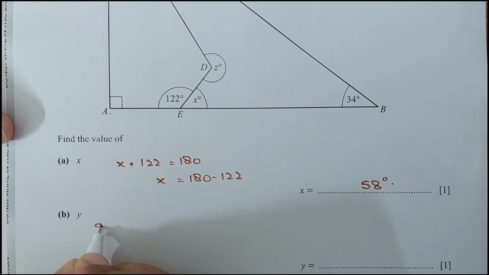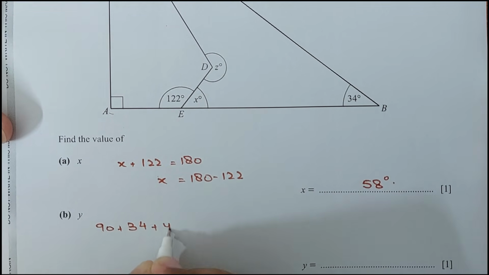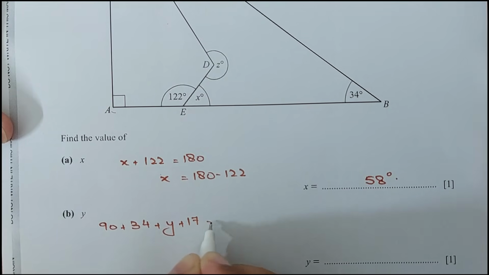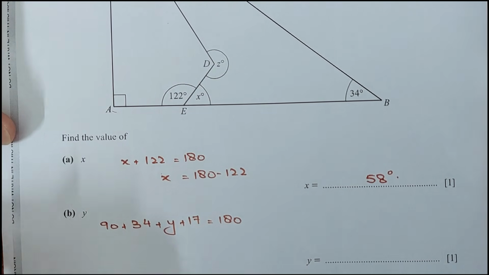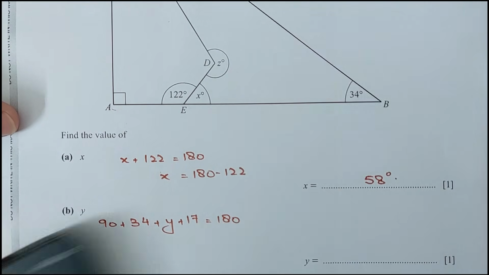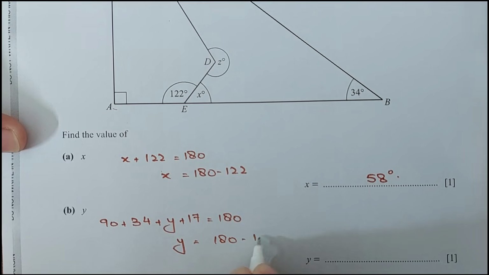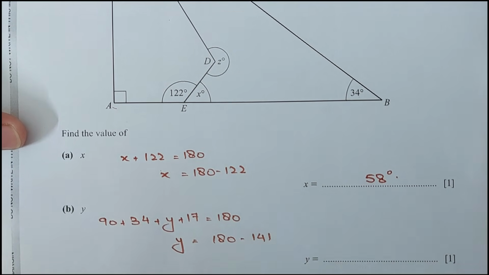Angle A is 90 degrees, angle B is 34 degrees, and angle C is Y plus 17 degrees. Its sum is 180. So we can say 90 plus 34 plus 17 is 141. So Y would be equal to 180 take away 141. I just shifted it to the other side.